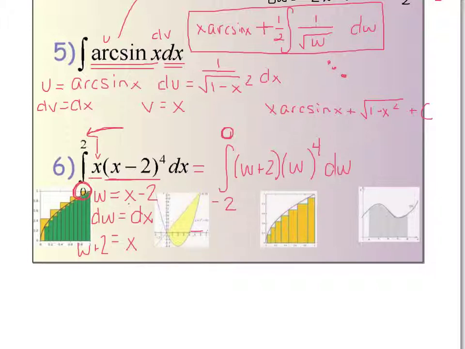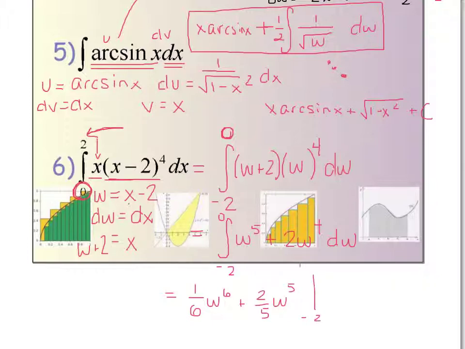So now this integral becomes the integral from negative 2 to 0 of w to the 5th plus 2w to the 4th dw, which when I anti-differentiate it, I get 1/6 w to the 6th plus 2/5 w to the 5th, evaluated from negative 2 to 0. And we can calculate that later.